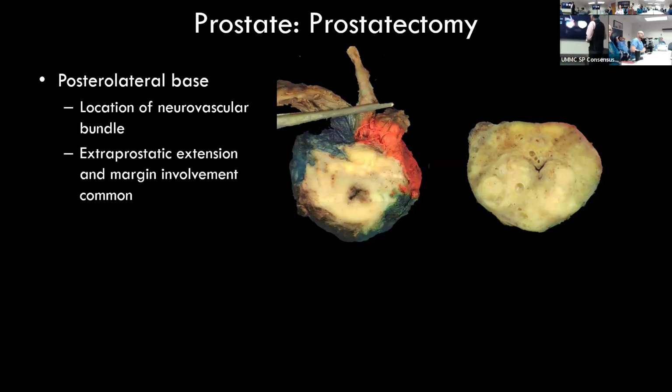If there is cancer, then they will go back and take out the neurovascular bundle. But if the frozen section says there is no cancer there, they will leave it intact. That practice is not done in the US, not that pathologists are complaining, but it's just not done. So we need to evaluate this area if present on permanent sections.